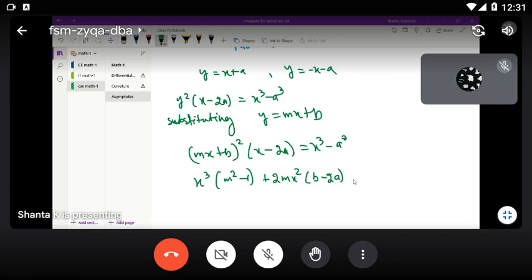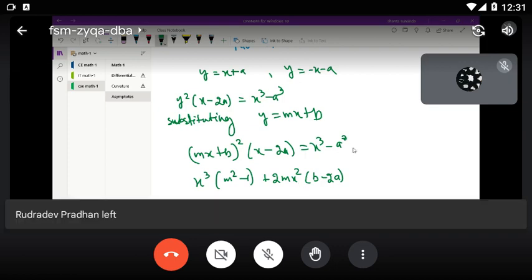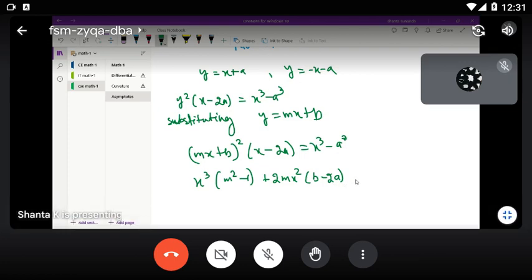Ma'am, the b term next time we don't need it, no? No, we don't. You didn't write it, but it's a very small expression, you should write it. Then x into b square minus 4amb, whole bracket.